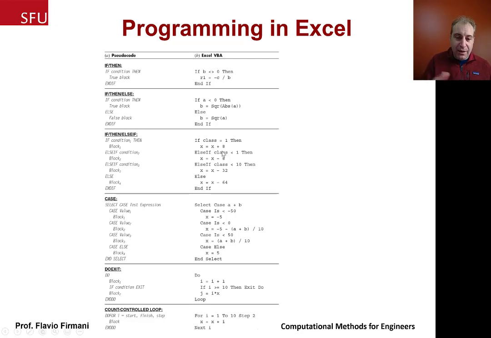And these are similar, multiple conditions that might happen, and this is for the case that you have particular cases, so if that happens then you do something. If you have this other case and you have to select one of them, this is how to do it. Then a loop: you have a control loop that is basically a for loop that repeats multiple times. So this is the pseudocode and how it would be structured using Excel.